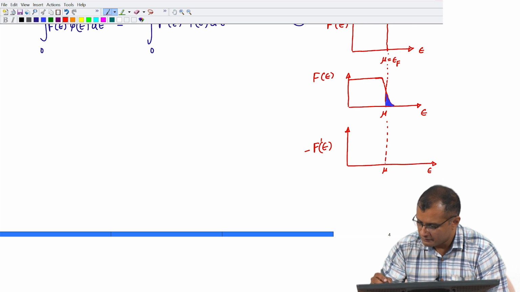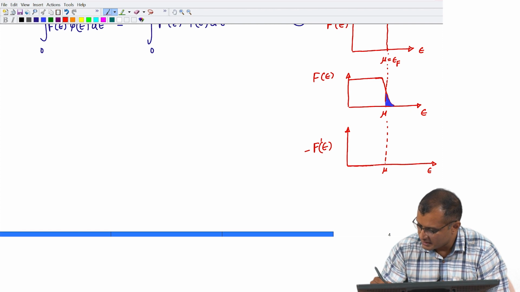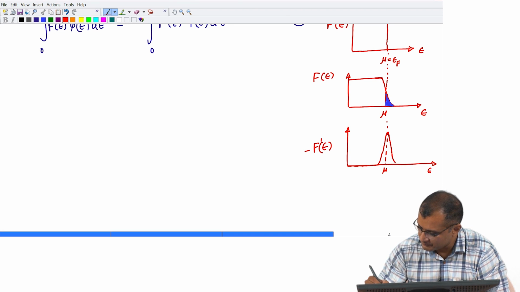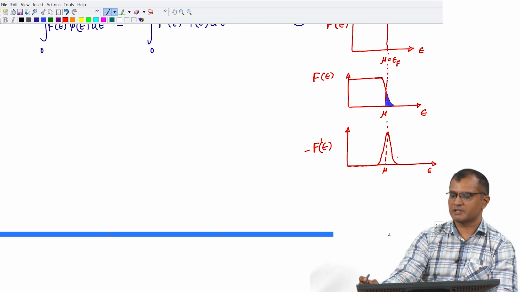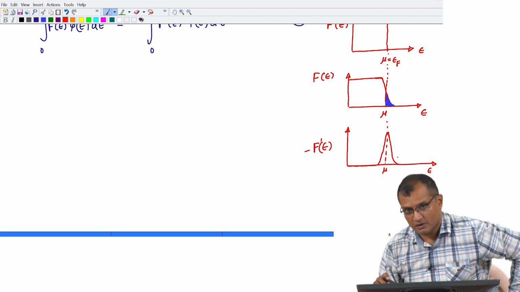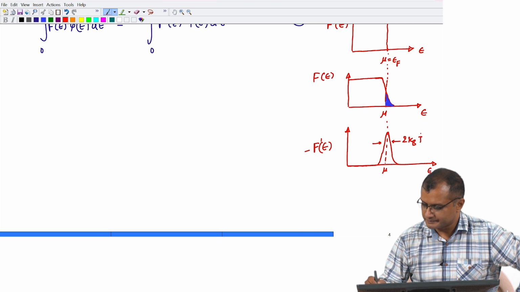For all these values where the Fermi function is constant, there shall be no variation, and very close to mu I will have a non-zero derivative peaking exactly at mu, and again it has to come down to 0 as the Fermi function becomes 0 and remains 0 all the way to infinity. So, this derivative has to come to 0, and you can see this is a sharply peaked function where the width is of the order of twice kT.